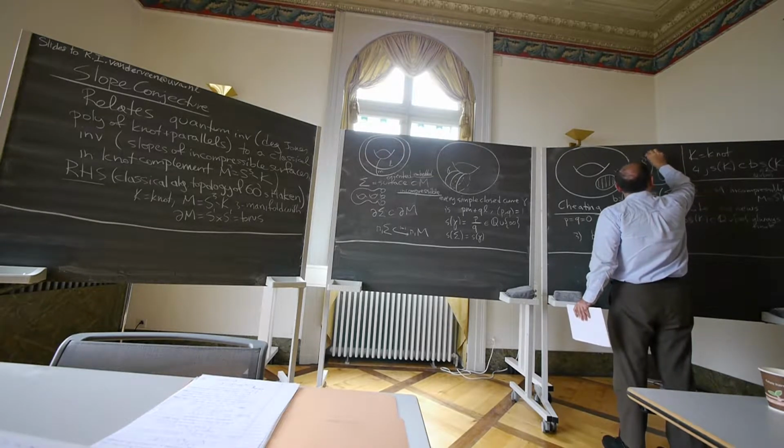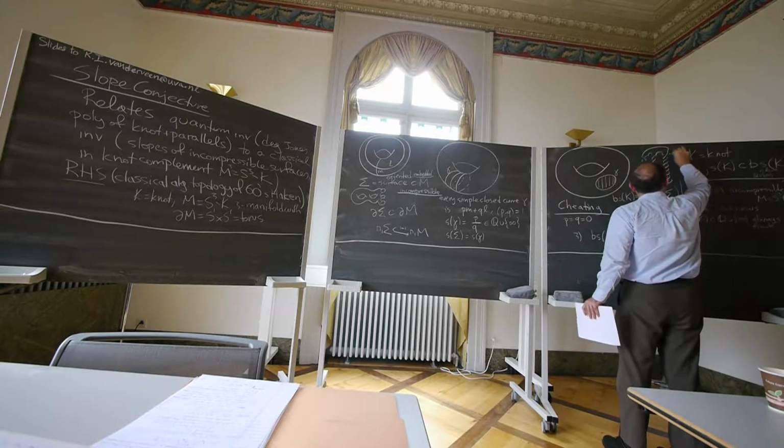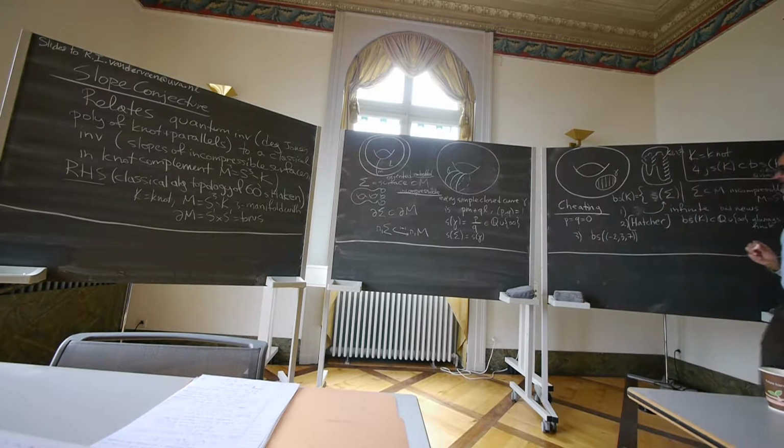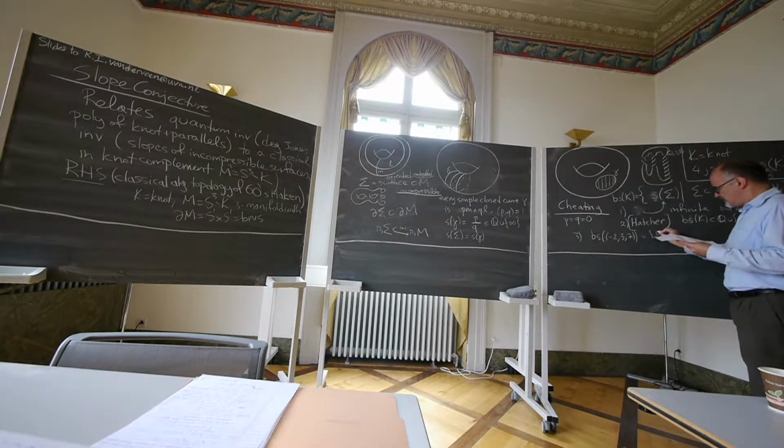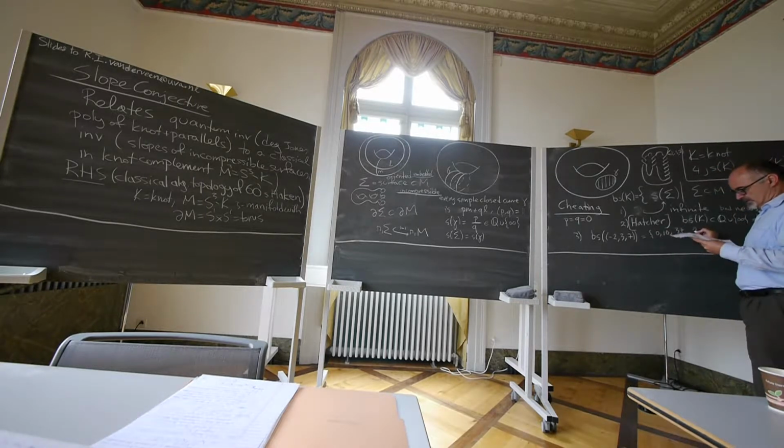That is the -2, 3, 7 pretzel. Okay, so let's compute this finite set. And this finite set is, in fact, 0, 16, 37 over 2, and 20.